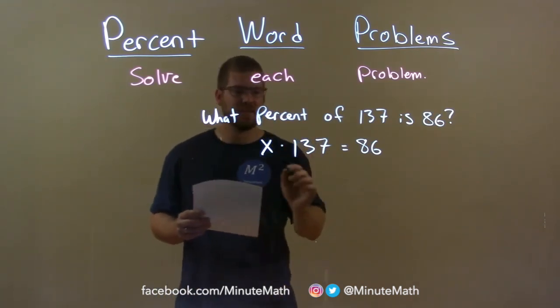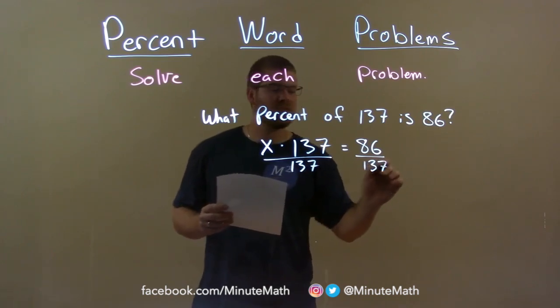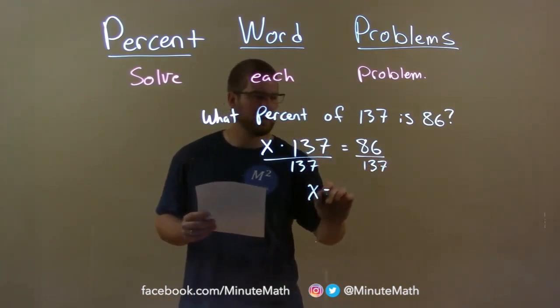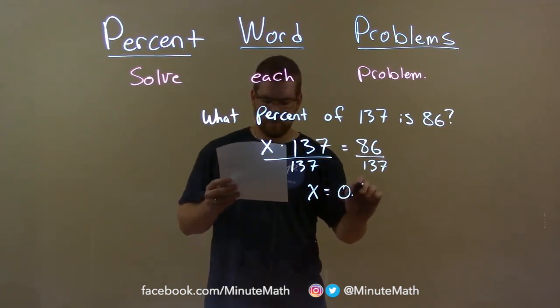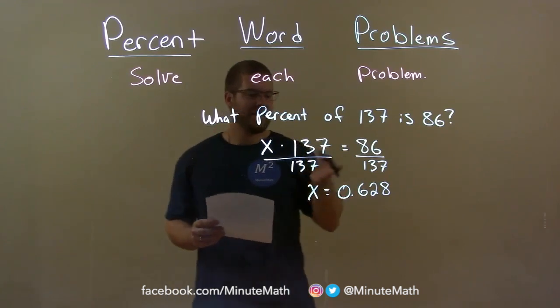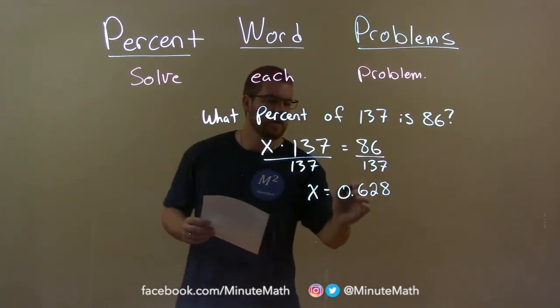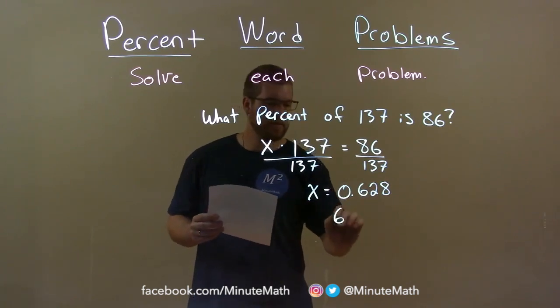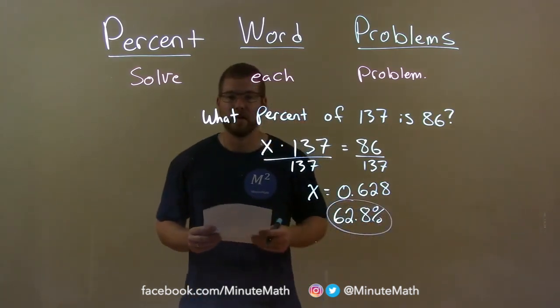Opposite of multiplication, division. Divide by 137 on both sides. Left us x by itself here. 86 divided by 137 is 0.628. Okay, so now I take that decimal and I need to convert it to a percent, right? 2 decimal places to the right, so we have 62.8% as our final answer.